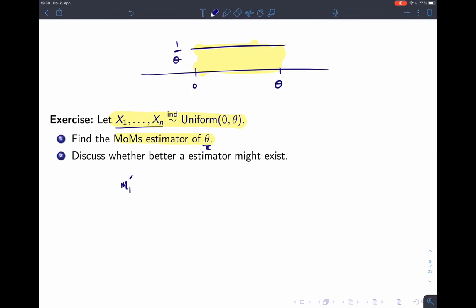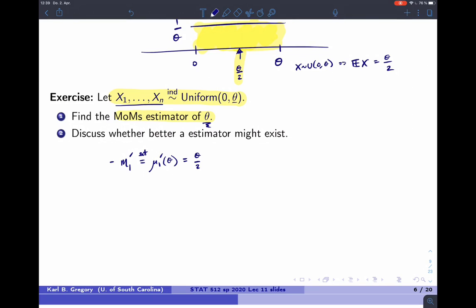I'm going to take the first sample moment and set it equal to the first population moment, which is going to be some function of this parameter theta. It's going to be theta over 2, because the expected value of x, if x has the uniform 0 theta distribution, is theta over 2, since this is the balancing point of the density.